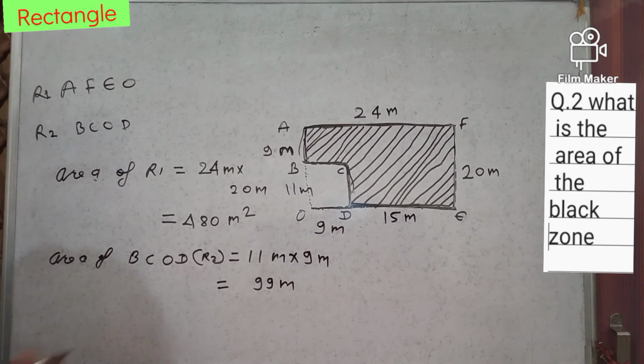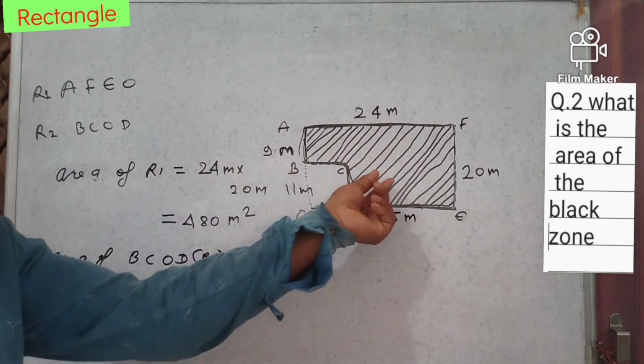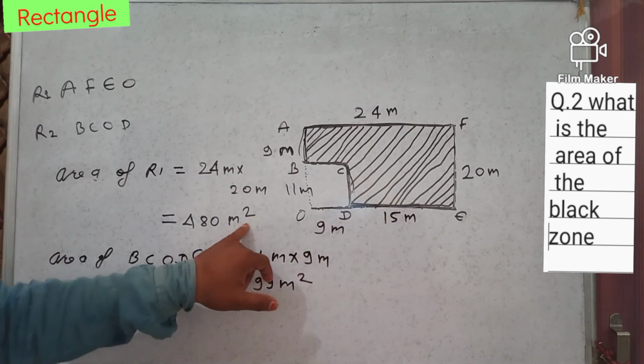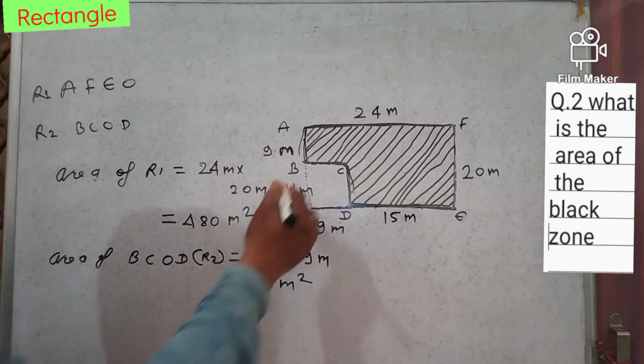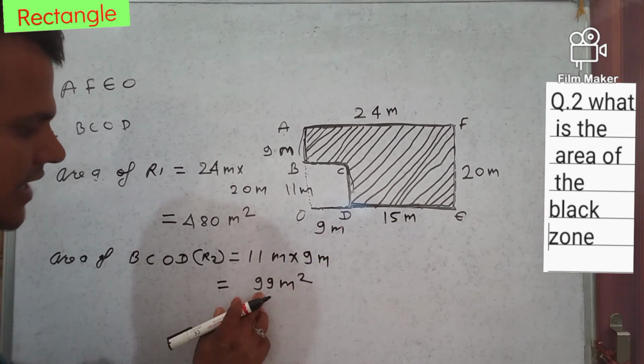So see here friends, the area of the total rectangle is 480 meter square, and this rectangle's area is 99 meter square.